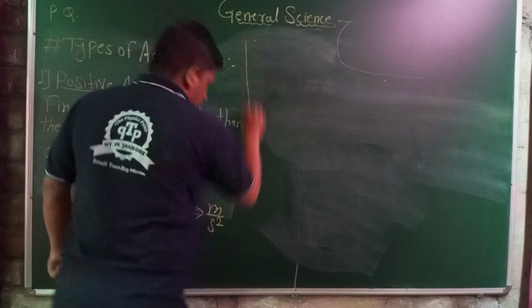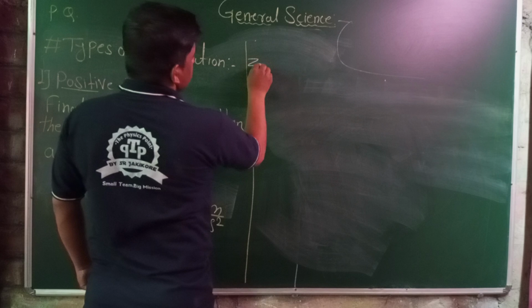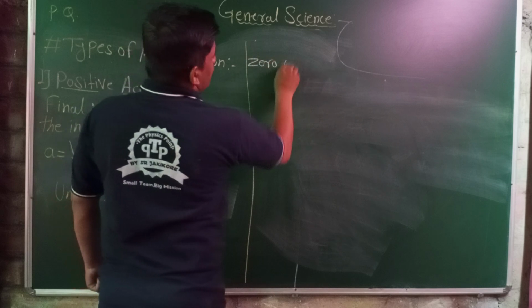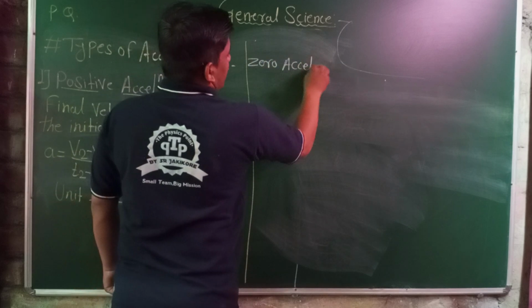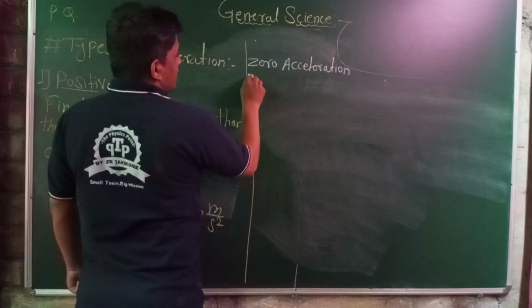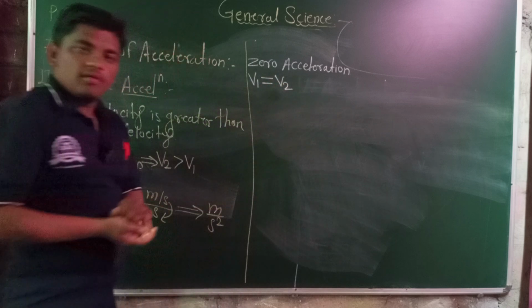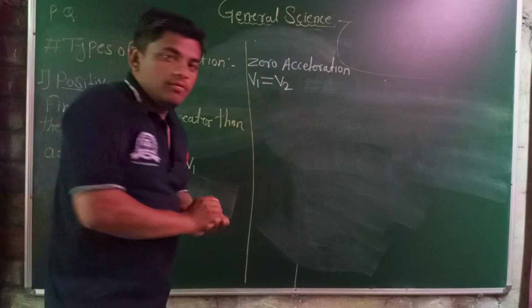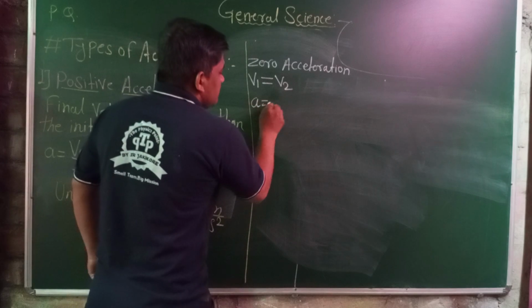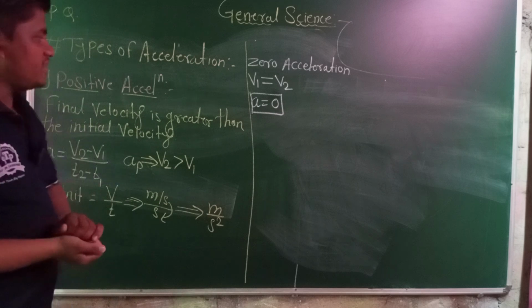Then another type is zero acceleration. The second type is zero acceleration. In this condition, v1 is equal to v2. Then A must be 0. This is the zero acceleration.